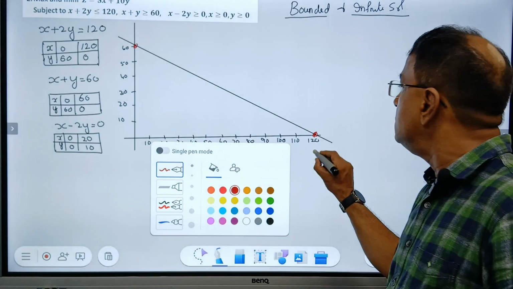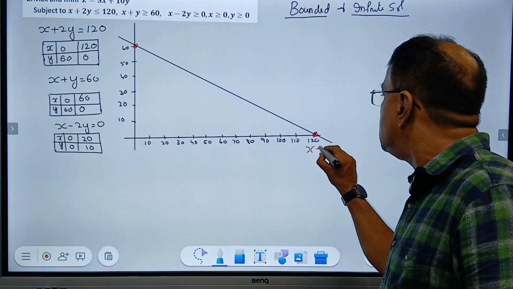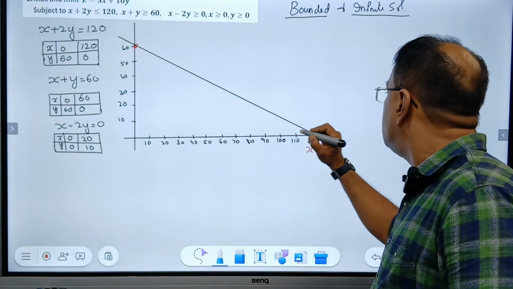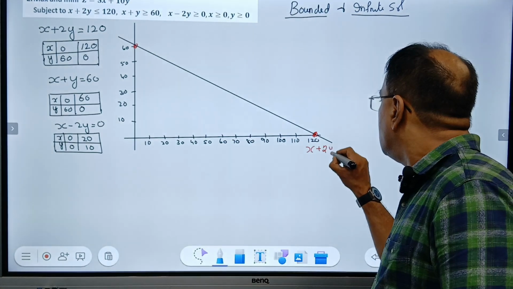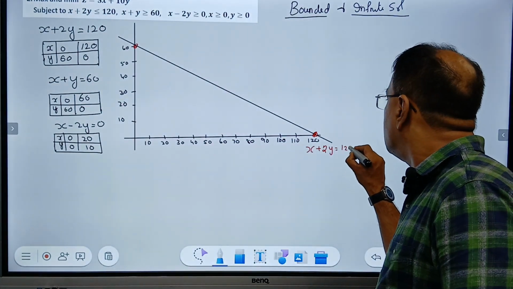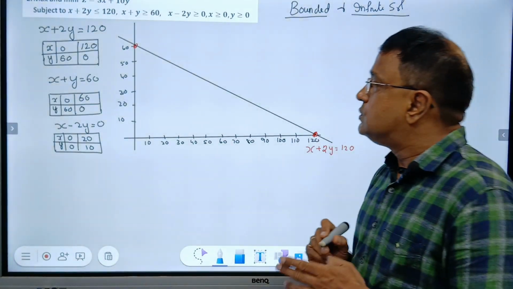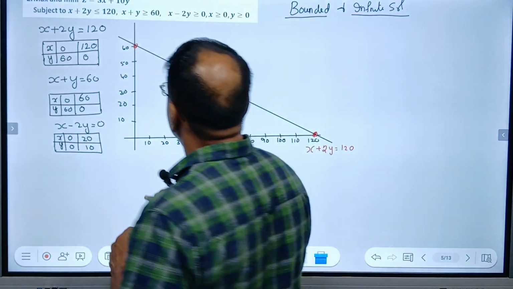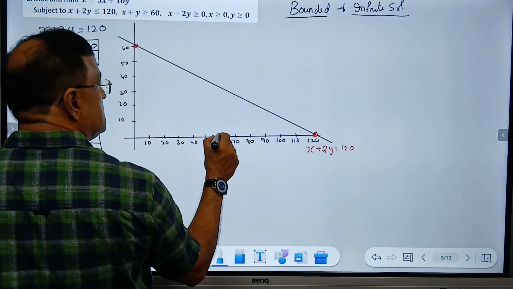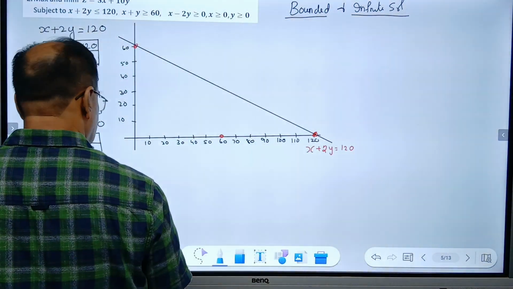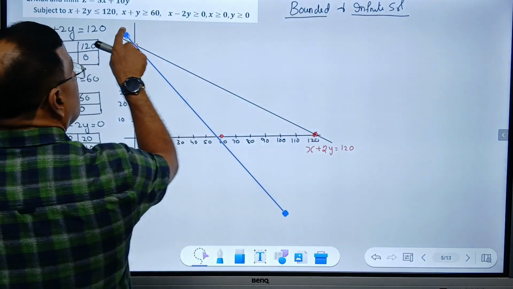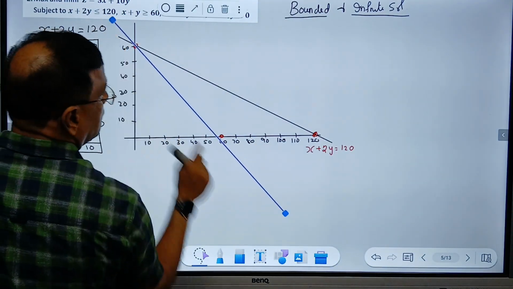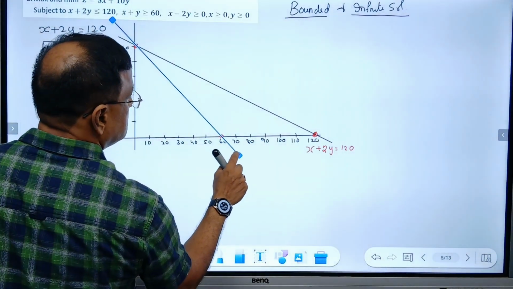Now what is the equation? X plus 2y equal to 120. Now 0, 60 and 60, 0. This is 0, 60 and this is 60, 0. So let's plot this.